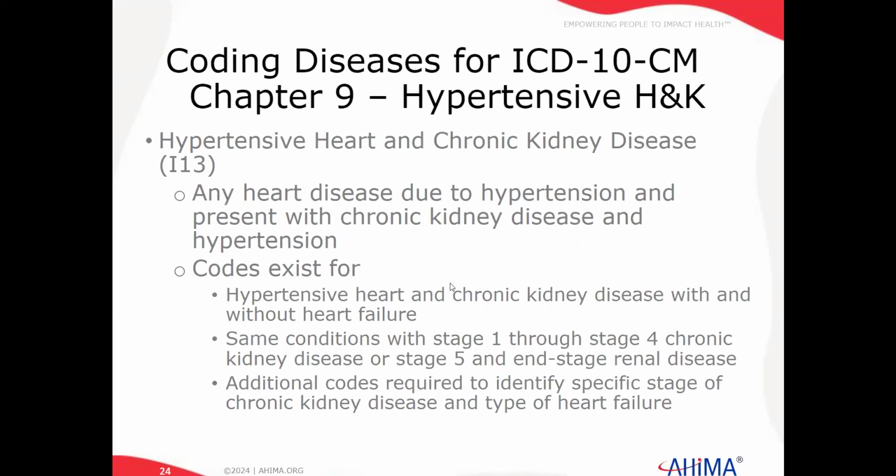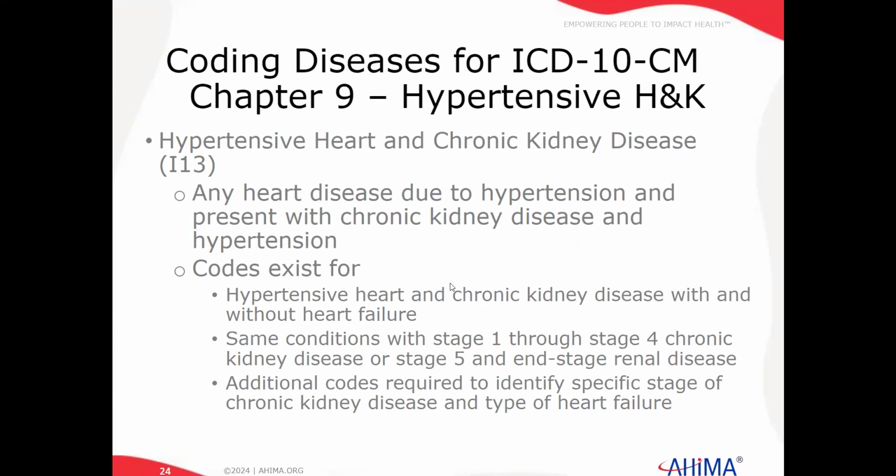Hypertensive heart and chronic kidney disease is I13. So basically what this is, is hypertension, heart disease due to hypertension, and present with chronic kidney disease and hypertension, right?